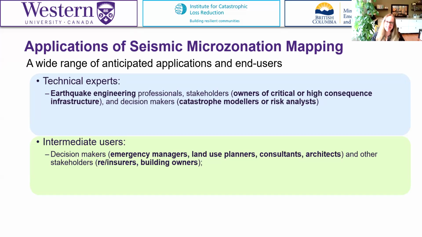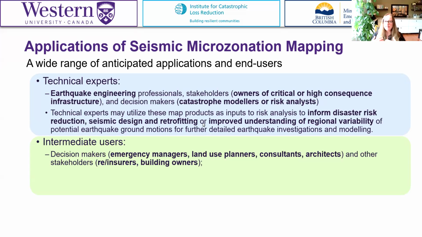One last homework that we have to do together here to set the stage is that if you read about seismic microzonation mapping in the world, everybody says they're so fantastic and everybody can use them, especially technical experts in earthquake engineering or CAT modelers or risk analysts. They're going to use this product to inform disaster risk reduction and improve their understanding of the regional seismic hazard. And I think, yes, that's generally true.